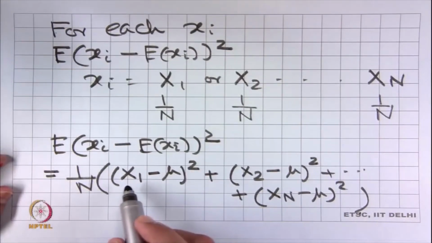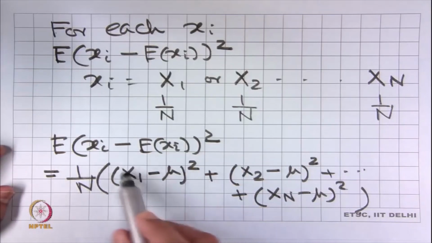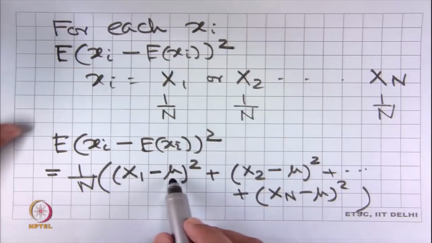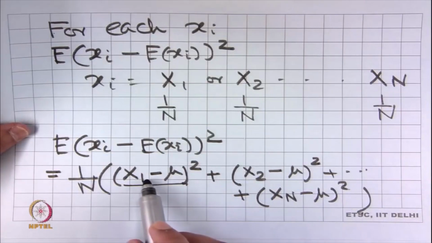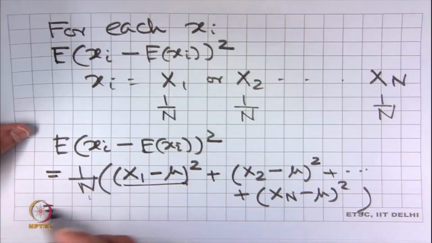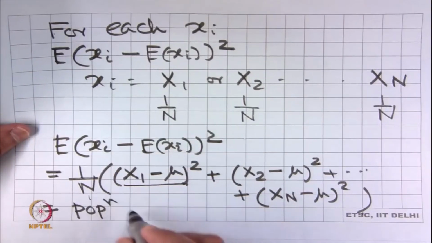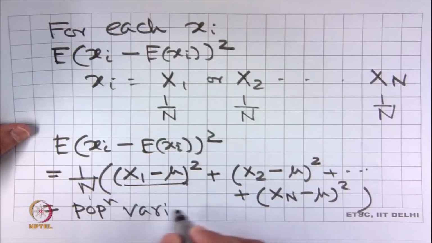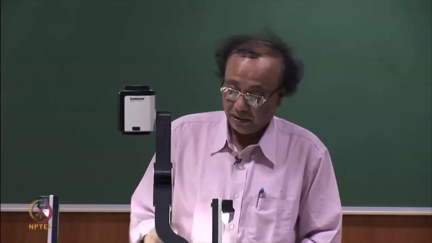You are looking at the values, subtracting the mean and taking the square. So, the whole thing is the sum of squares of deviation from the mean, and that divided by n is equal to the population variance, which is sigma square.